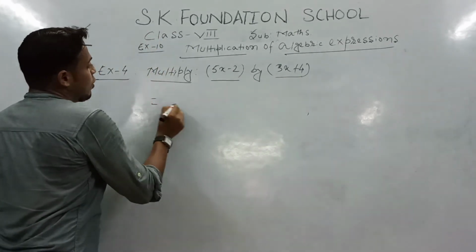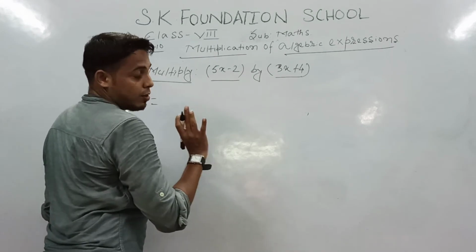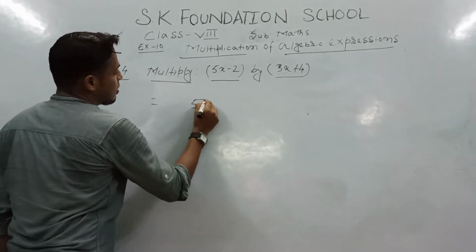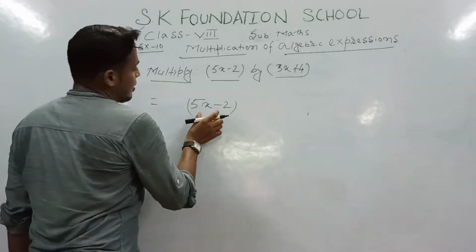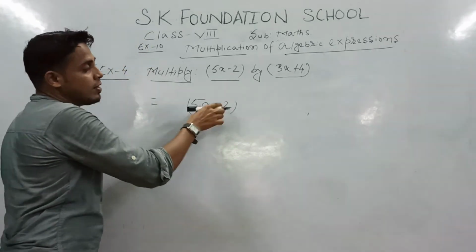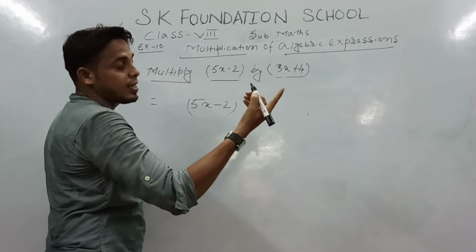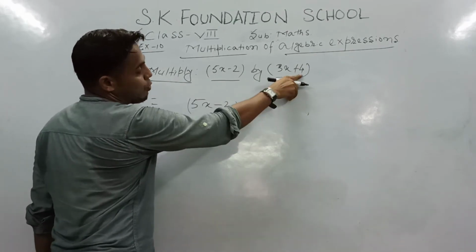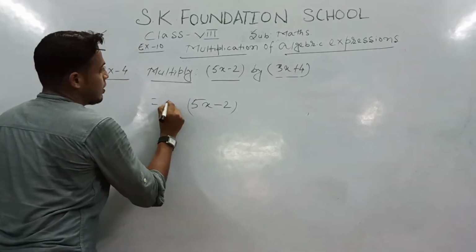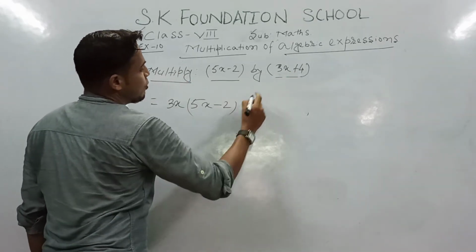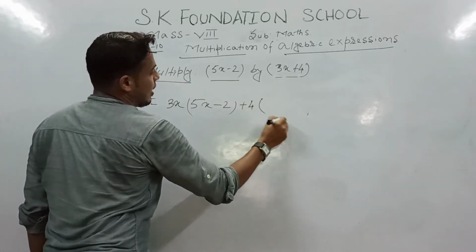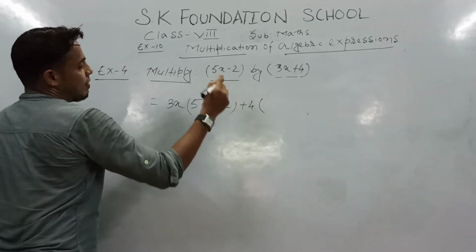So first, we fix any one of these terms. Suppose I am writing here 5x minus 2. Okay? This 5x minus 2 is first multiplied with this 3x, and once again multiplied with this 4 also. That's why I am writing here 3x, then the sign of 4 is plus, and once again it is multiplied with 5x minus 2.